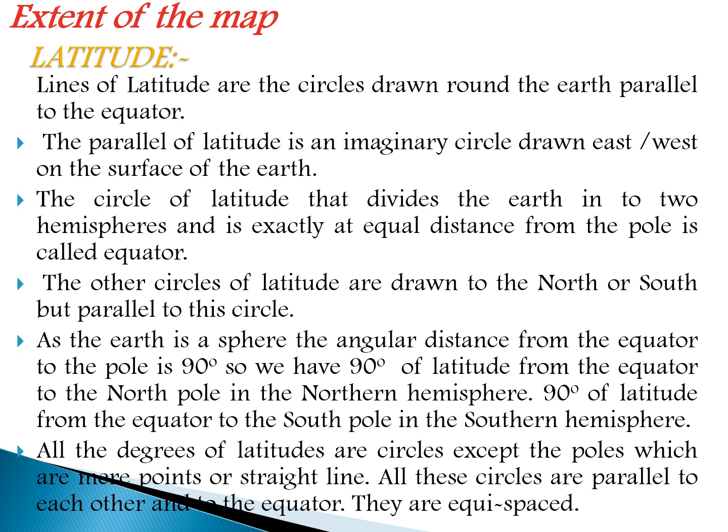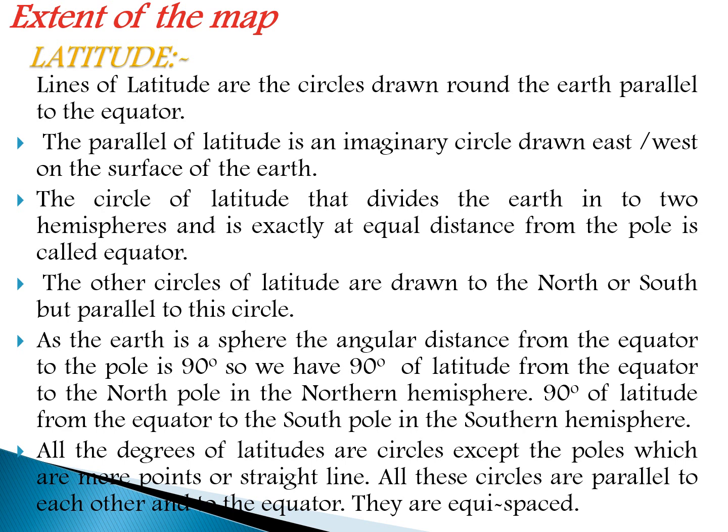The circle of latitude that divides the earth into two hemispheres is exactly at equal distance from the pole. Because of the equator line, we divide the earth into the northern hemisphere and the southern hemisphere. Other circles of latitude are drawn to the north or to the south, but they are parallel to the equator.